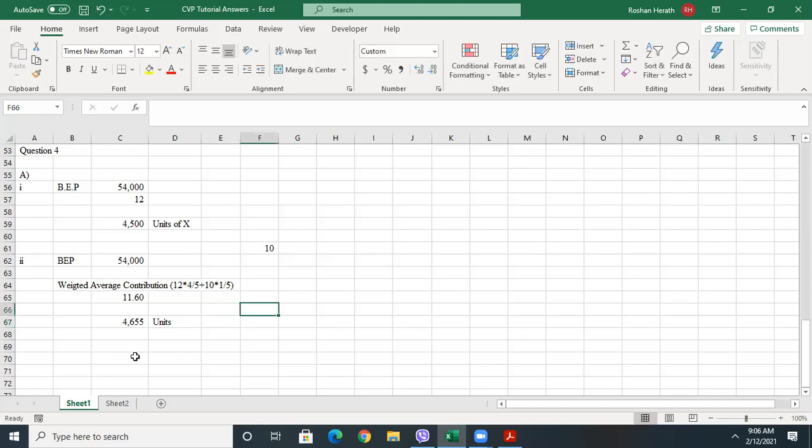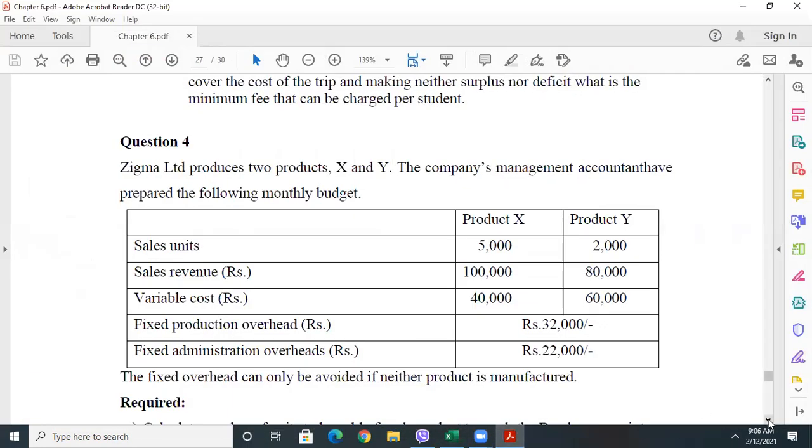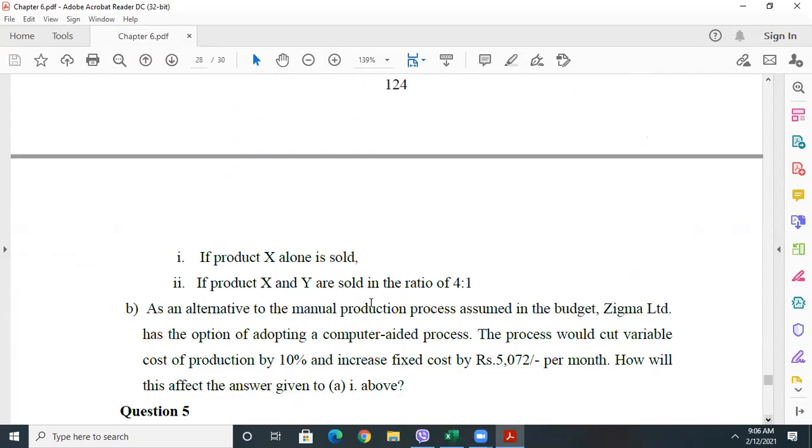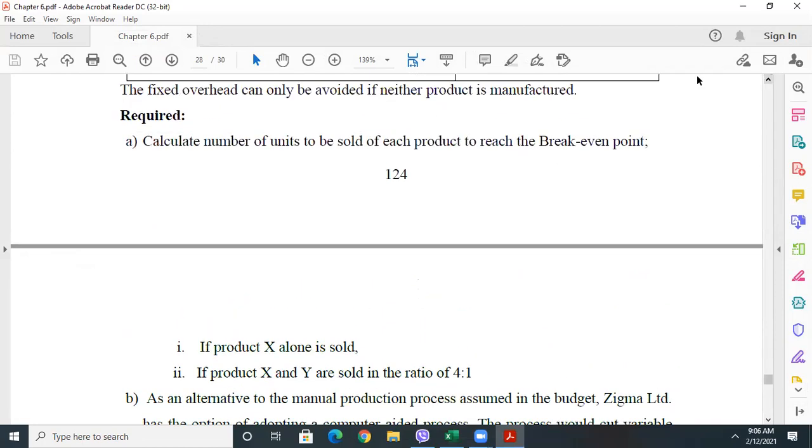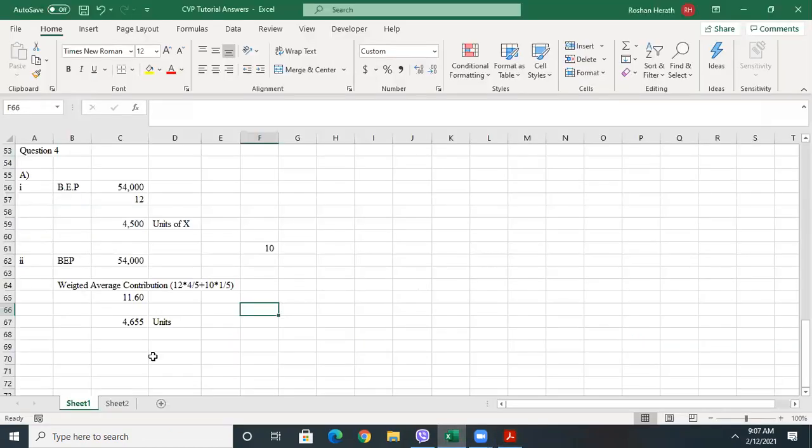But the question asks you not the weighted average, but the individual unit, I think. If product X and Y are sold in the ratio of 4:1, calculate the number of units to be sold of each product. Okay, you are supposed to identify for each product. So here you know the product X is there, also product Y is there.